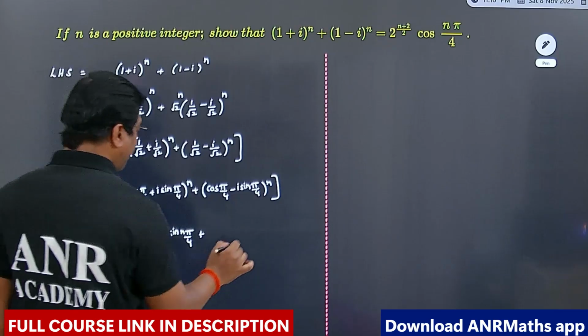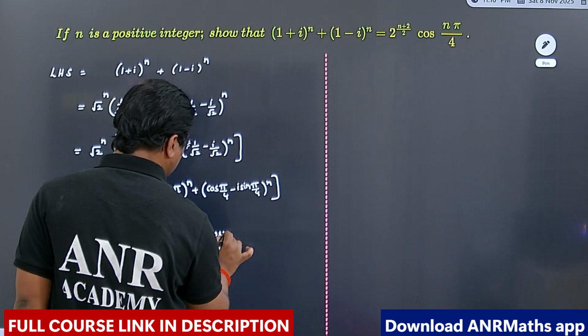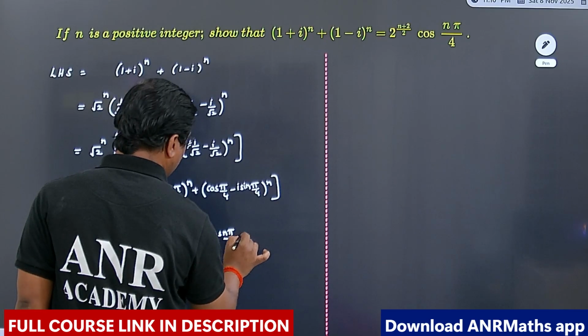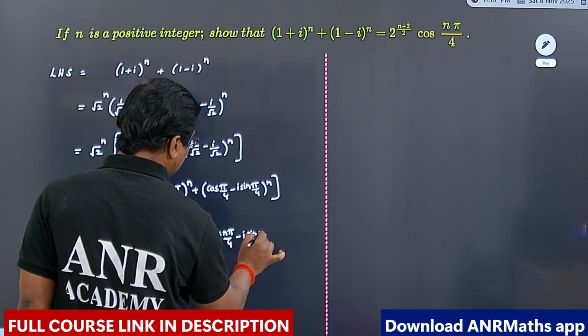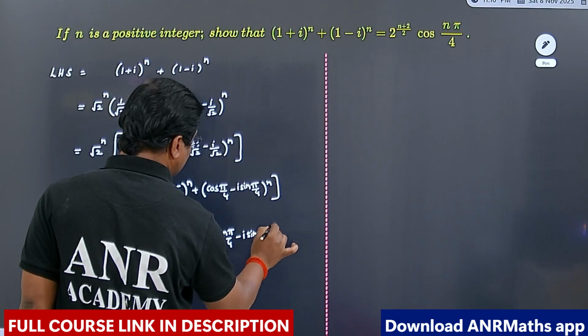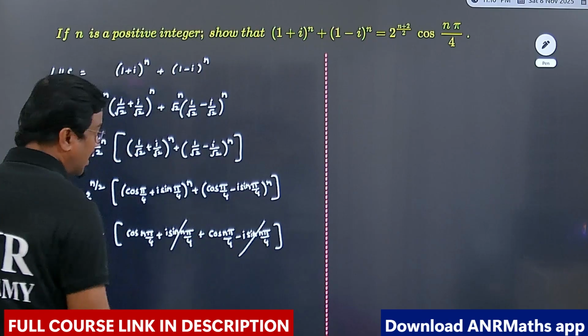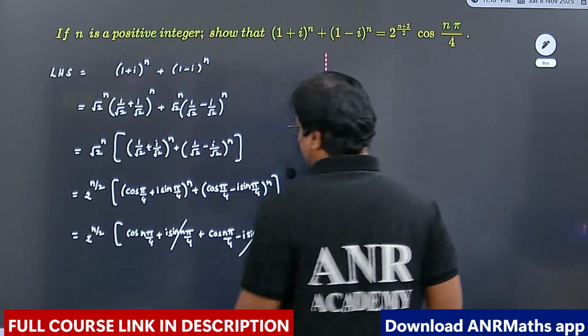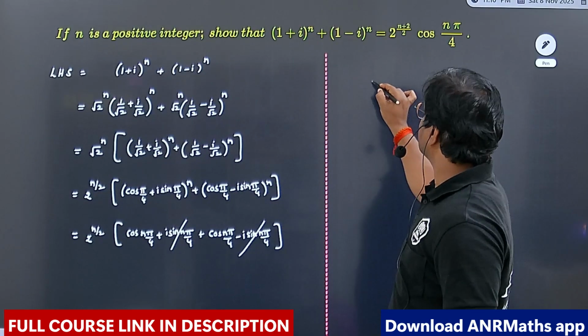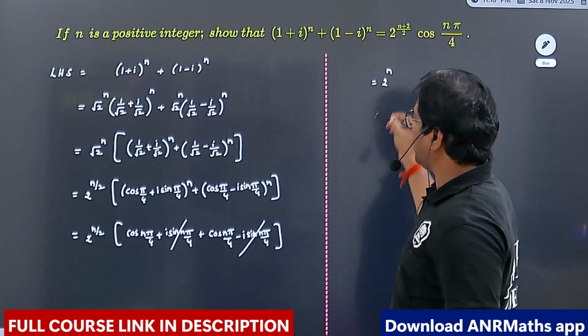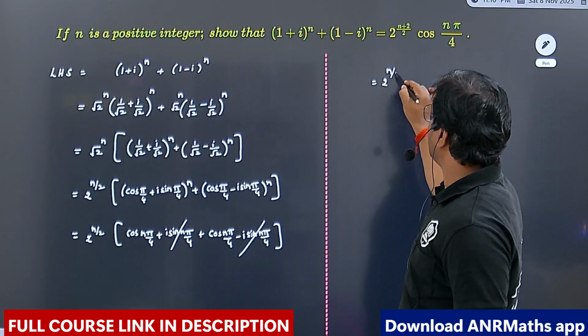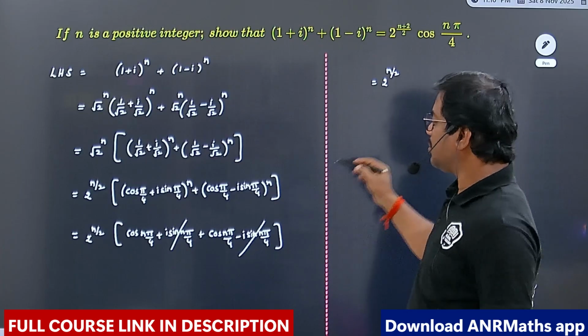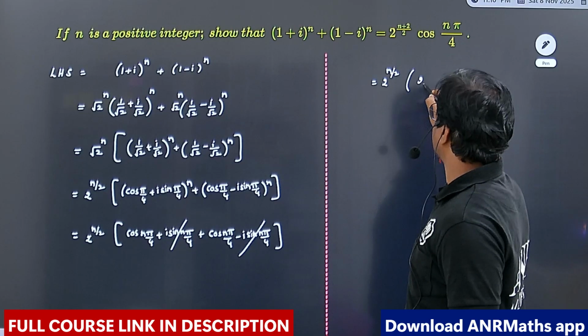Next plus cos n pi by 4 minus i sin n pi by 4 it is. These two terms get cancelled. In the next step I can write this as 2 to the power of n by 2. You have 2 times of cos n pi by 4.